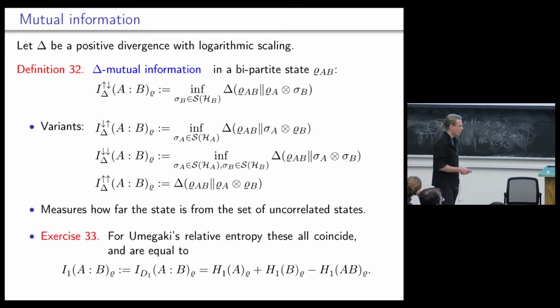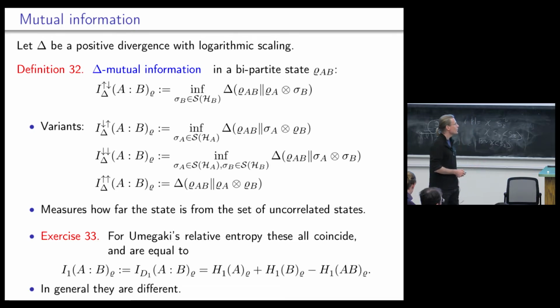Okay? And here's again an exercise for you: if you take this omega to be the relative entropy, then it doesn't matter which definition we take, they all coincide with each other, and you get this formula with the entropy of the first system, plus the entropy of the second system, minus the entropy of the joint system. Okay, this is probably very well known.